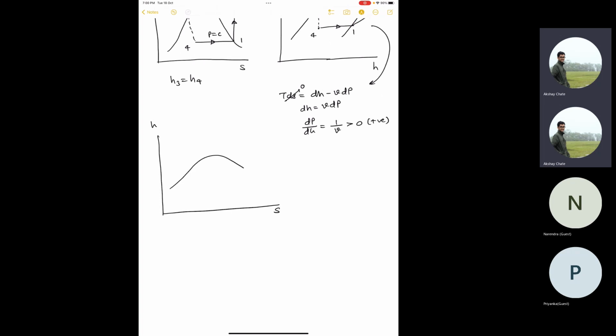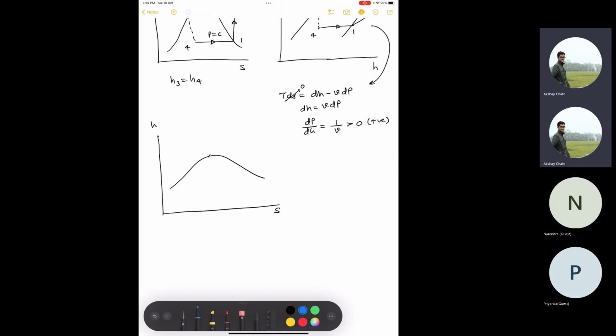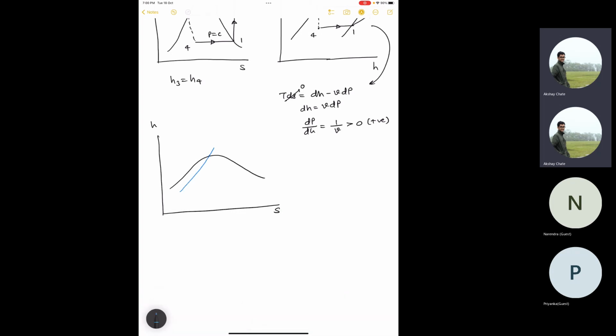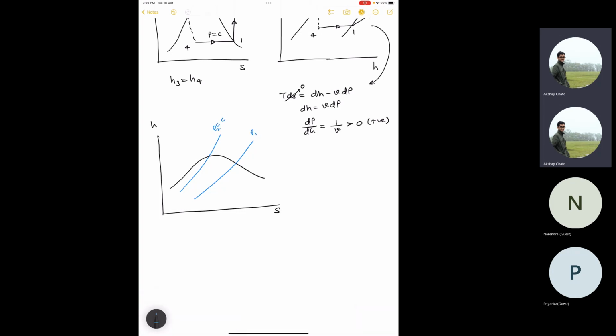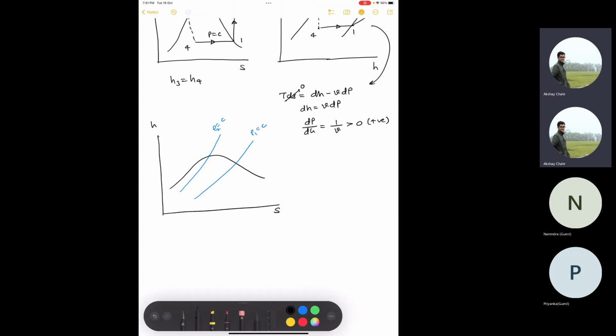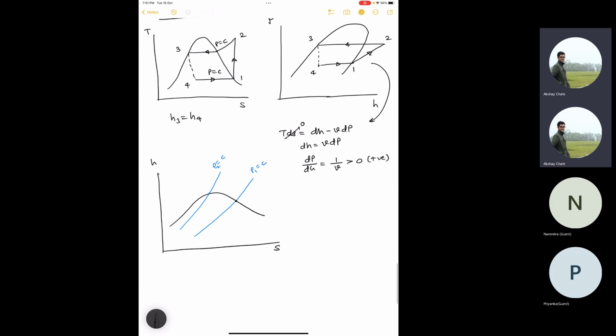The dome will look like this on an HS plot, and constant pressure lines. Let me not confuse you, because we are using a dashed line for the irreversible throttling process, so let me use a different color here. So these are constant pressure lines. They are like this in an HS plot. Let's say P1, P2. And you start with point 1, which is a saturated vapor, and you compress it, so enthalpy increases.